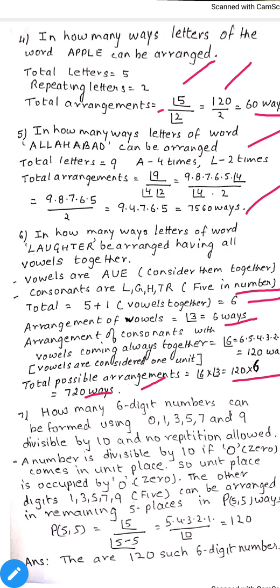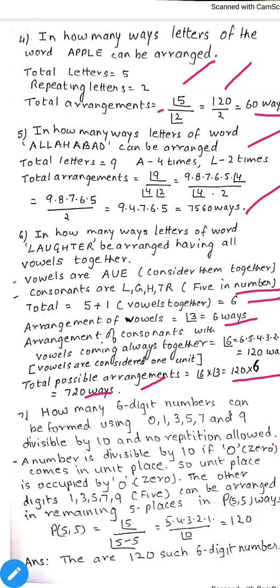How many 6-digit numbers divisible by 10 can be formed using 0, 1, 3, 5, 7 and 9, if no repetition is allowed? Now the solution is, a number is divisible by 10 only if 0 comes in the unit place, that is the last number is 0.